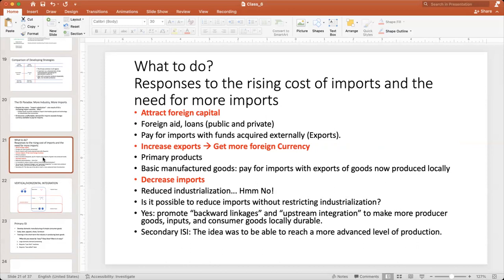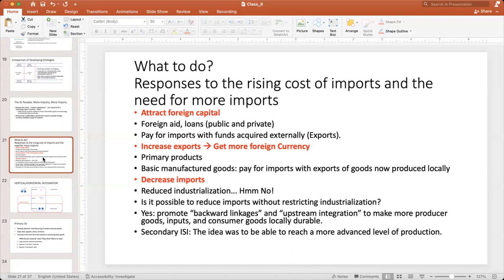You increase your level of debt, but you get the loan in foreign currency, and you pay the imports with the foreign capital that you get.